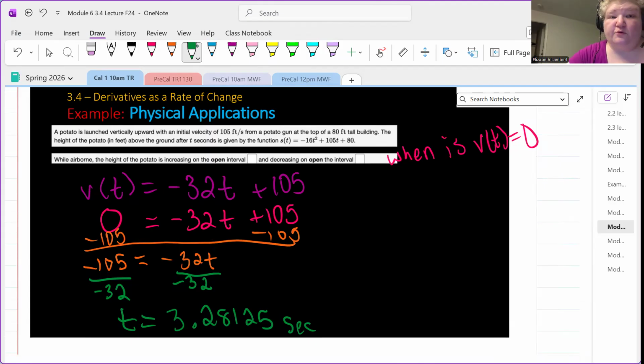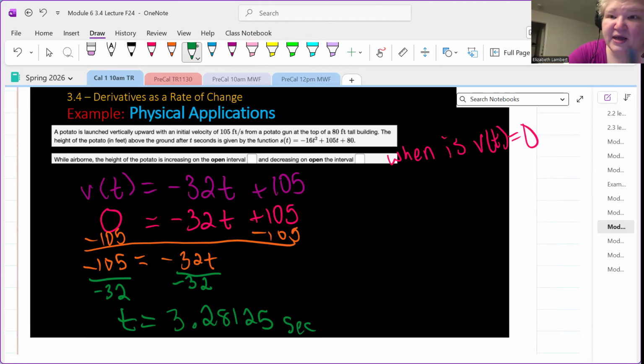So from 0 seconds until 3.28125 seconds, the potato is going up. From 3.28125 seconds until it hits the ground, the potato is going down. Now, to actually answer this question, we need to know when it hits the ground to fully write in the interval.